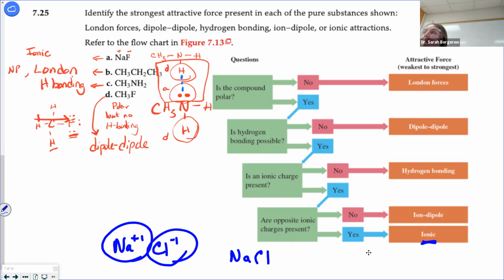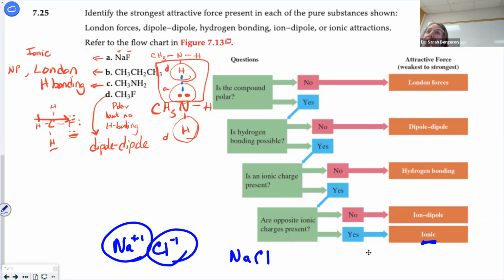Ion-dipole. So this is an interaction between something that is charged and something that has a dipole. What is an example of this from the lecture? I have a feeling people aren't watching the lecture. What if I took a block of salt and I dropped it in a glass of water? What would happen?